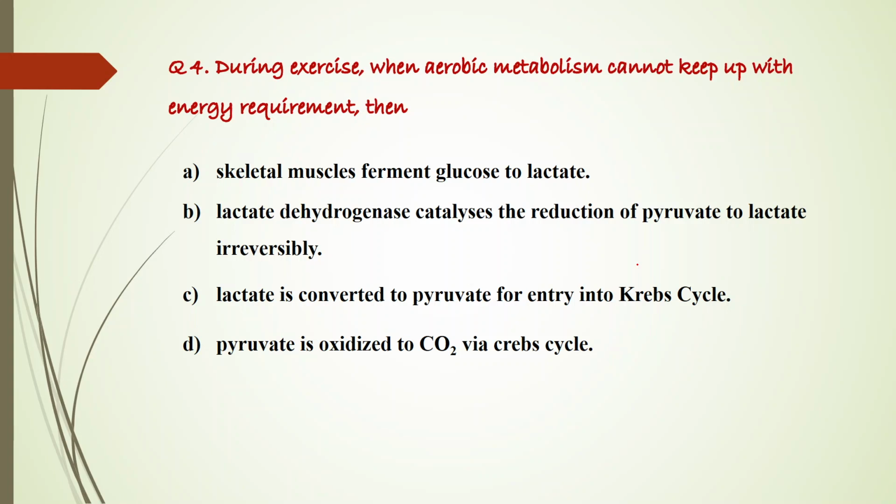Third, lactate is converted to pyruvate for entry into the Krebs cycle. And fourth, pyruvate is oxidized to CO2 via the Krebs cycle. These are the 4 options. So select accordingly which of them will give you the necessary energy when aerobic metabolism cannot keep up. That means basically you are in an anaerobic condition. Choose your option and then I will discuss.